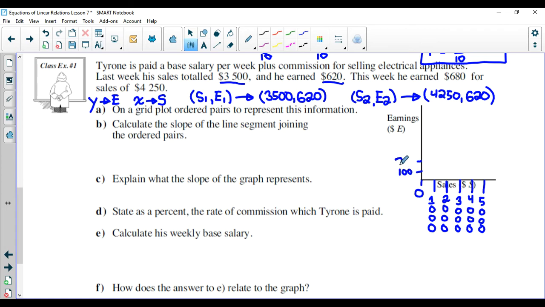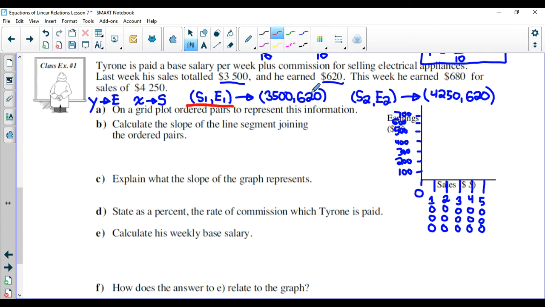This is 100, this is 200, this is 300, this is 400, 500, 600, and this is 700. Okay, so let's attempt to plot these points on the graph now.